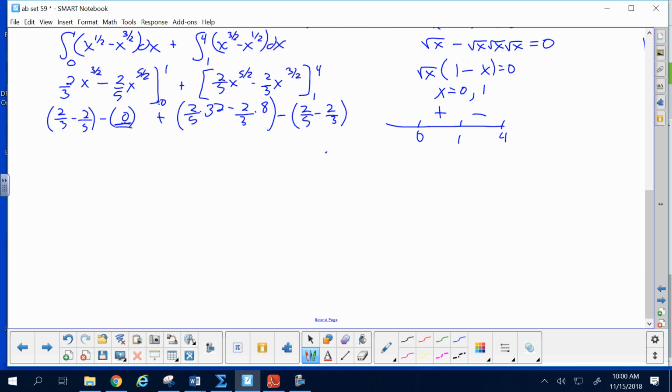Okay, so altogether, in terms of thirds, I have 2/3 minus 16/3 plus 2/3. 2/3 plus 2/3 is 4/3. What's 4/3 minus 16/3? Negative 12/3.